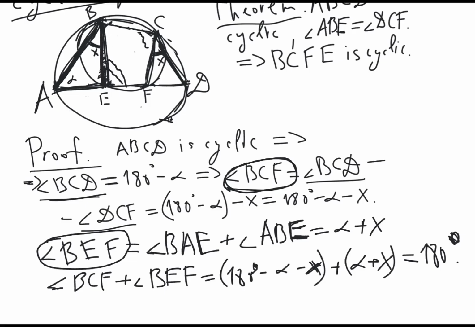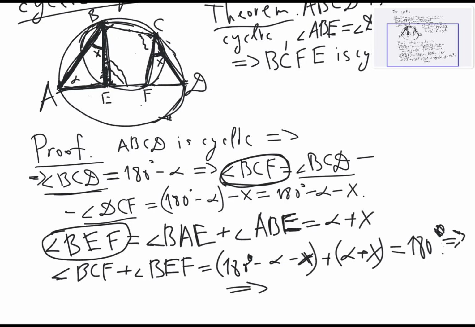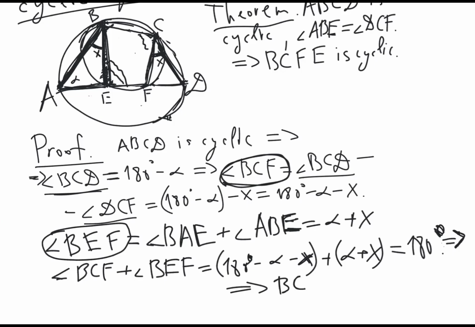Which immediately implies that the quadrilateral BCFE is cyclic, because the sum of the opposite angles in this quadrilateral is equal to 180 degrees. So this concludes the proof.